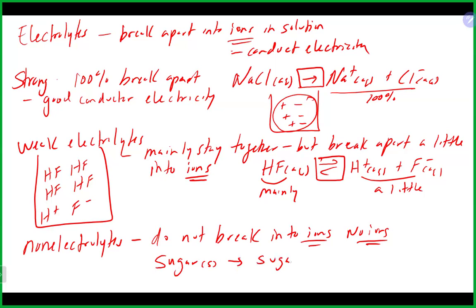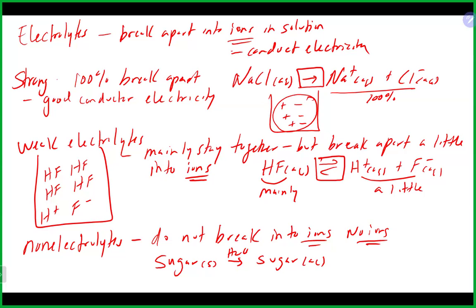Sugar will dissolve in something like water, and it's able to do so, as we saw earlier, because it has a bunch of OH groups on it and makes it pretty soluble. The difference is something like sugars, carbon, hydrogens, and oxygens. That is all nonmetals. That's all sharing of electrons, no ions being formed in this case. So although it will dissolve, it will not produce the ions necessary to conduct electricity.